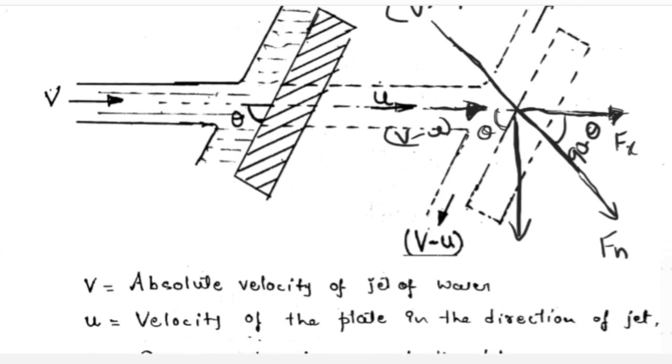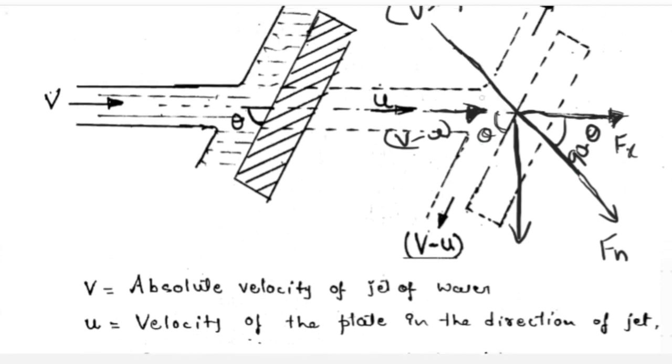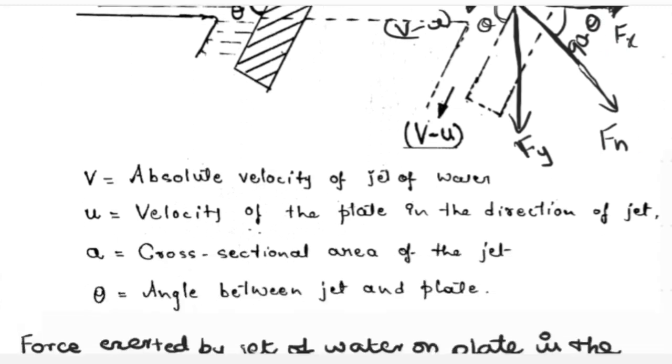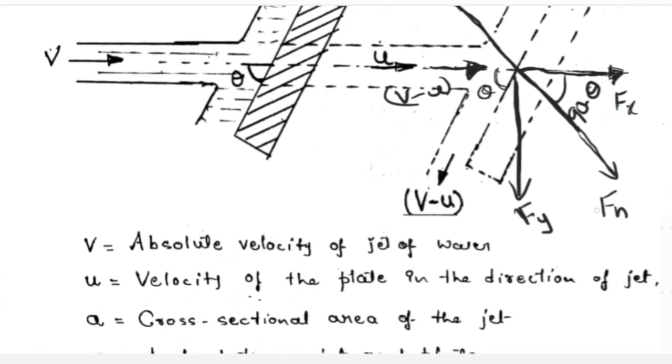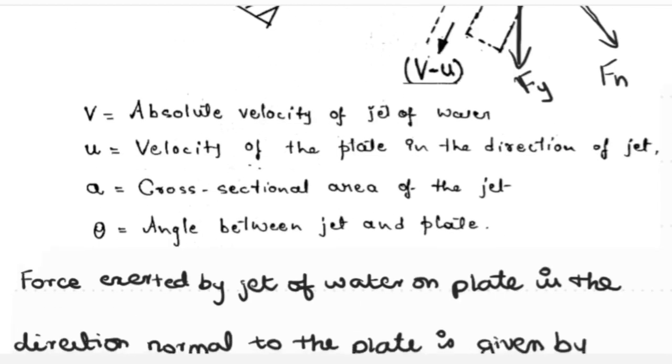Since this angle is theta, this will be 90 minus theta, and the same angle will be here as the opposite angle. We have to calculate Fx and Fy. Fx is Fn into cos of 90 minus theta.